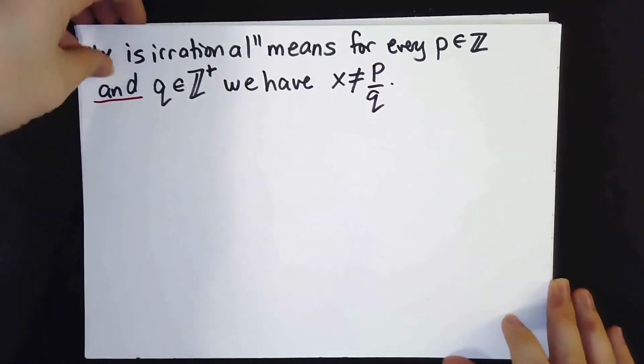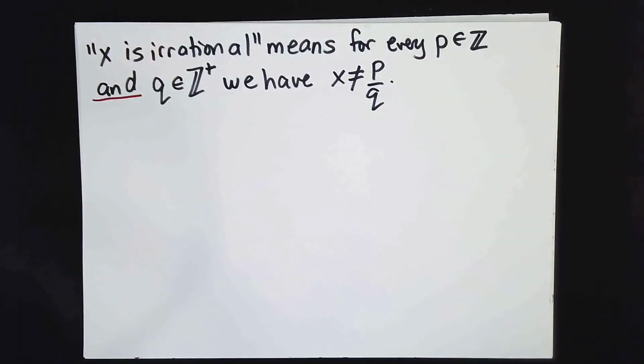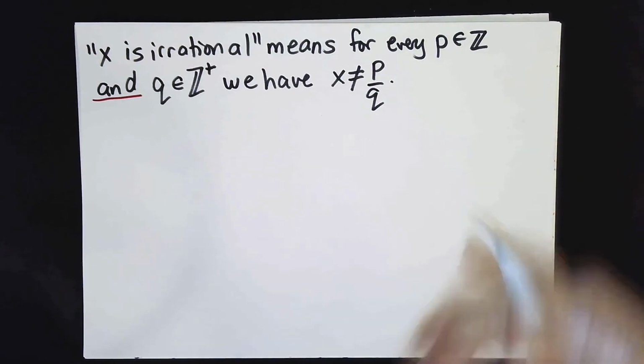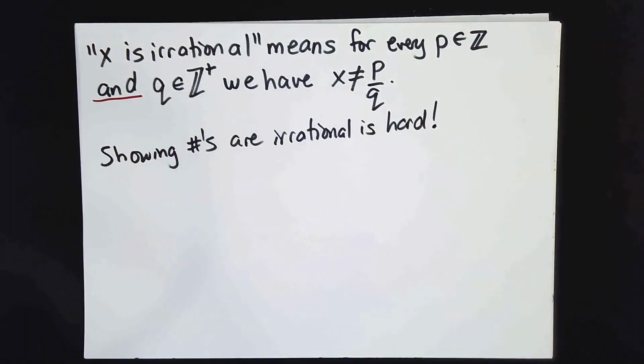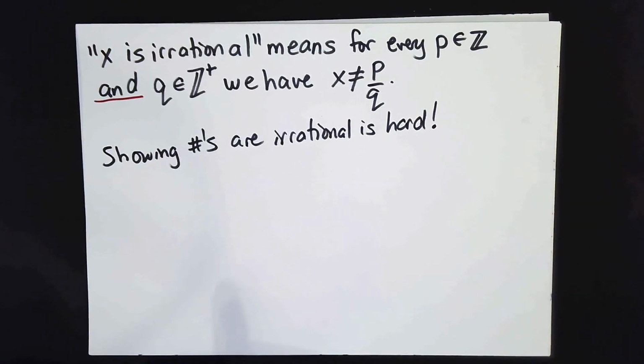But, as a last note of today, and of this week, I want to note, this is why showing numbers are irrational is really hard. So when square root of 2 was shown to be irrational, it was such a big debacle that it led to a lot of murders by the Pythagoreans, who did not like the idea that this number was irrational. It was very upsetting to them.